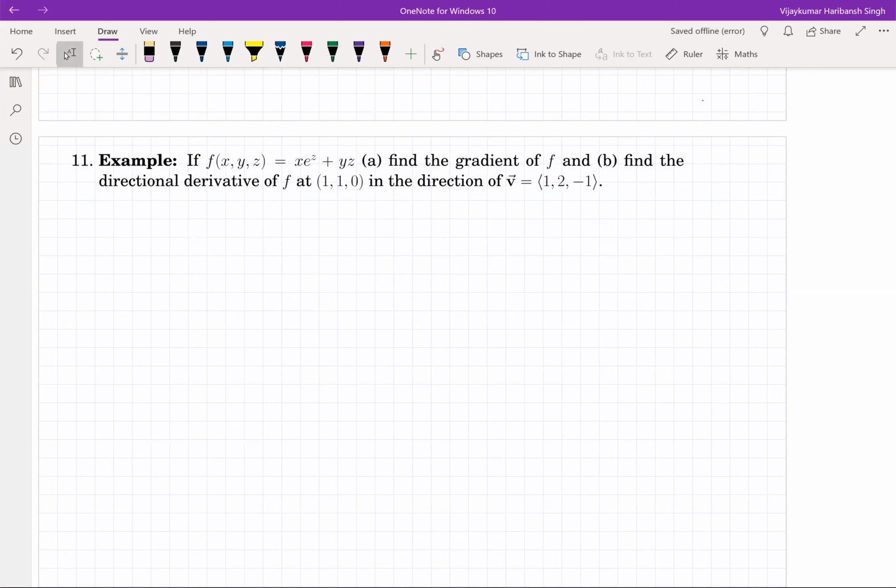So we have, first of all, we'll compute the gradient. So what is my gradient of f? The first one is the partial derivative with respect to x. So let me just write that down.